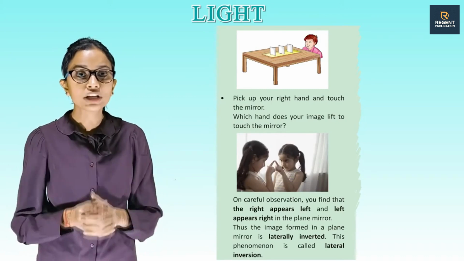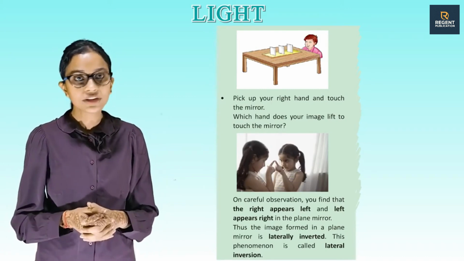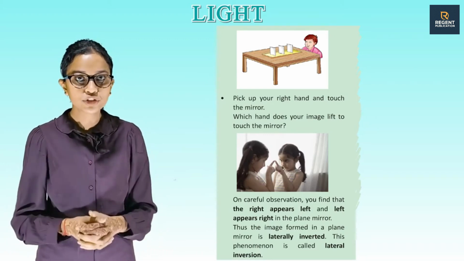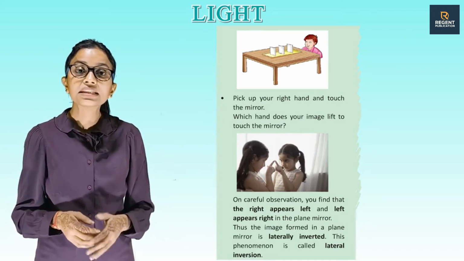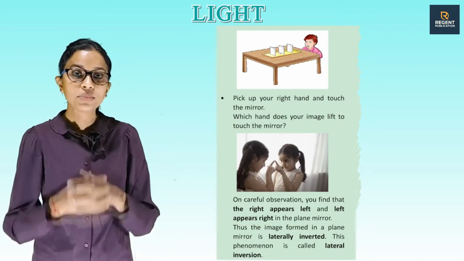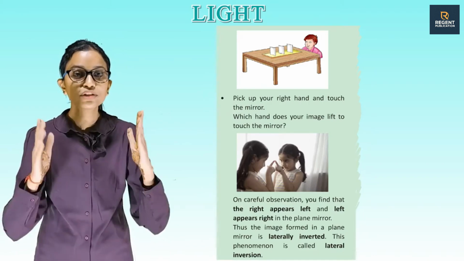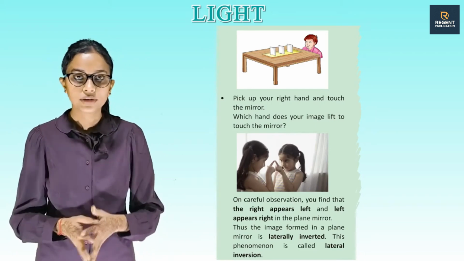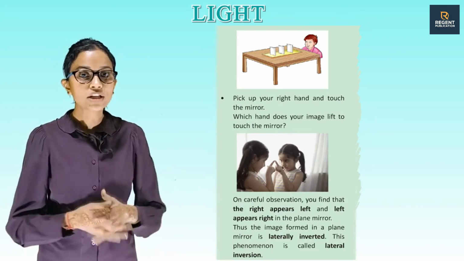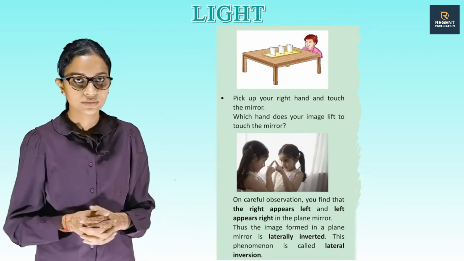Which hand does your image lift to touch the mirror? On careful observation, you find that the right appears left and the left appears right in the plane mirror. Thus, the image formed in a plane mirror is laterally inverted. This phenomenon is called lateral inversion.